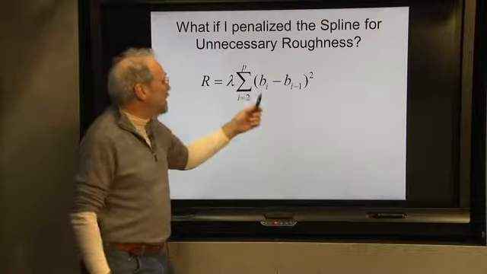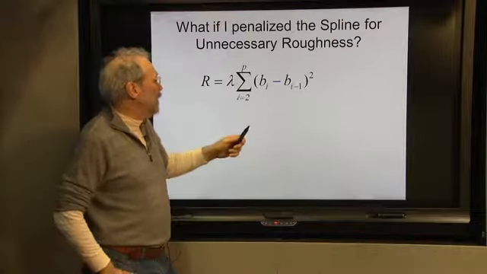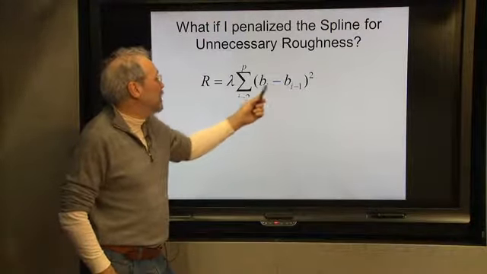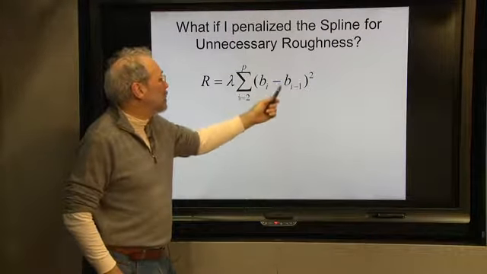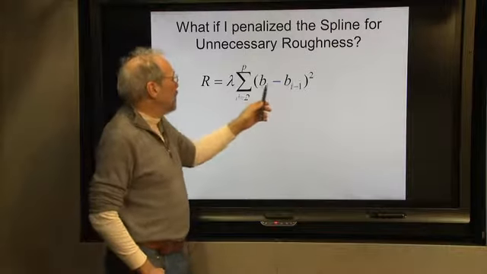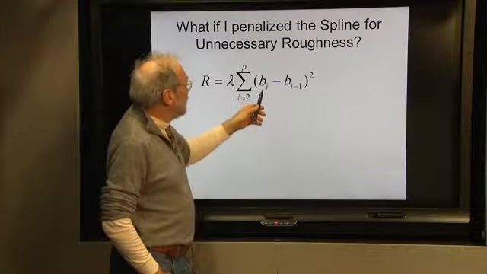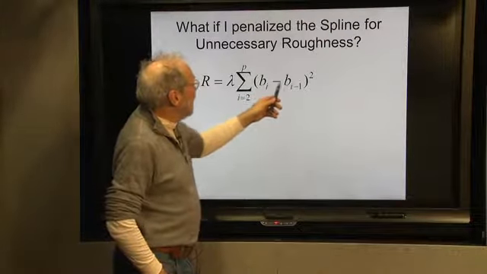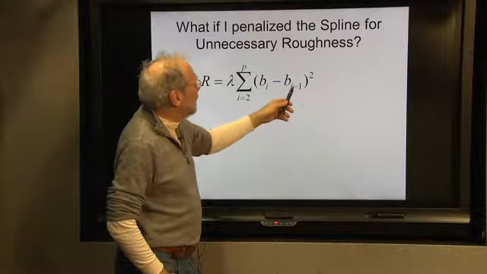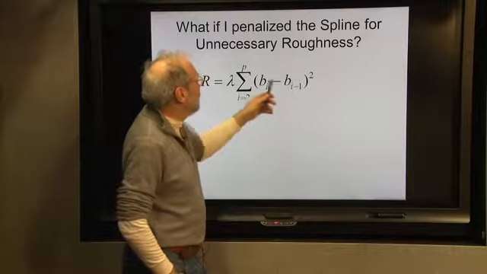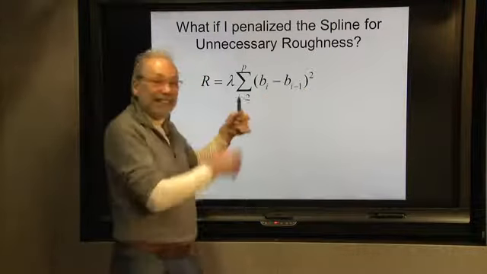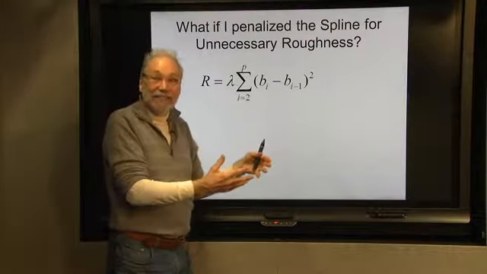And then I penalize the curve for having the coefficients change too much as you go from one knot point to the next. So if the slope in this segment is very different from the slope in that segment, then this term is going to be a big number squared. It's going to be a big penalty.